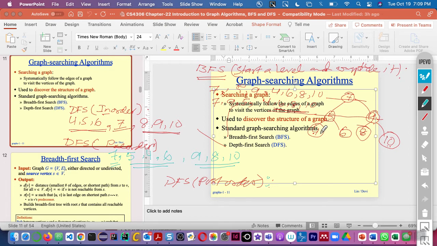So the left children come first. It will come over here, skip it, then go over here, skip it, and then 4, 6, 5. Okay, then 8, 10, 9. Then 7. So now is it clear, everybody?